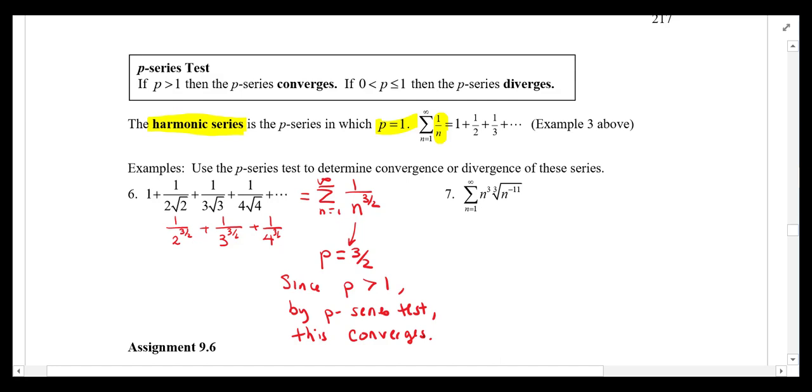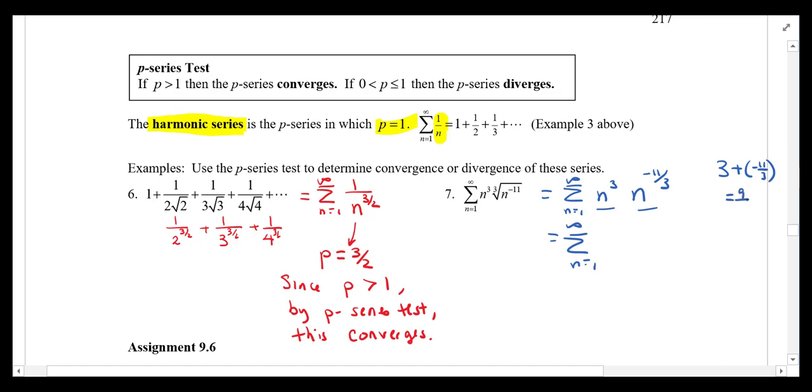Okay. So for number 7, it looks ugly, but if we can rewrite it as a p-series, we're good. So can we rewrite this as a p-series? Let's see if you can combine it together. The cube root. Remember how we can write this as n to the negative 11 over 3? Yes. And then if I were to now combine these together, what do we get? Exponents, multiplication, we add them together. What's 3 plus negative 11 over 3?